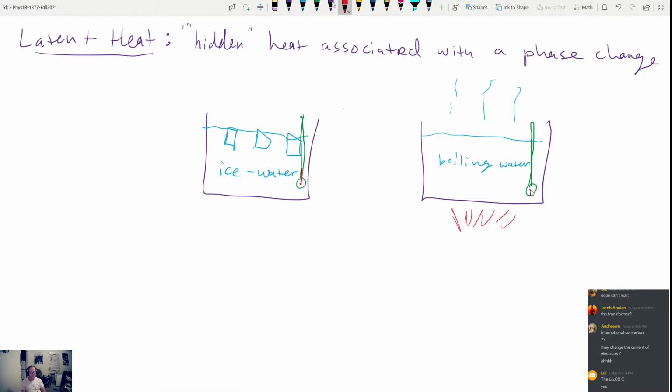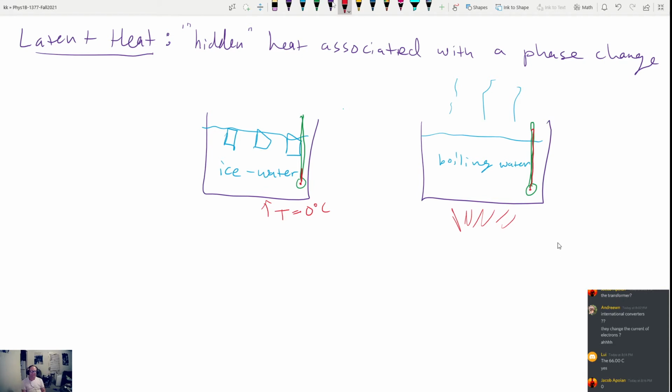What's it going to read? 0. The temperature of this, I guarantee you, will either be very, very close to or exactly 0, depending on how much ice is in there. Now, it depends on where you measure it, but if you don't have any ice, the bottom may be a little bit warmer, depending on what it's near. But most likely, it's going to be 0. Do I have any ice left in this? No, I don't.